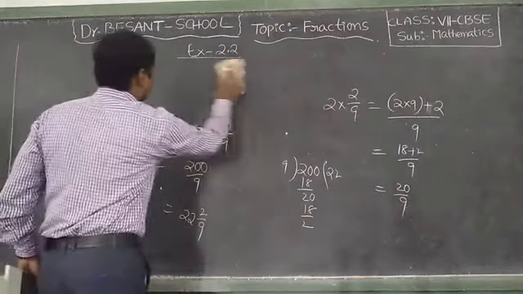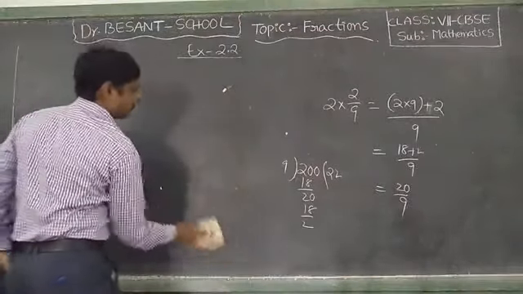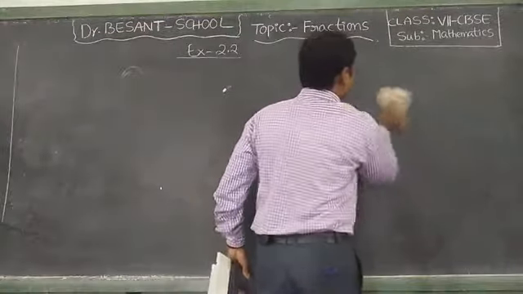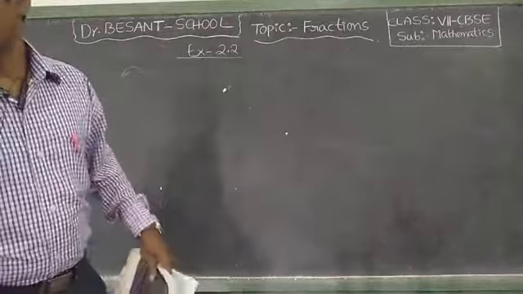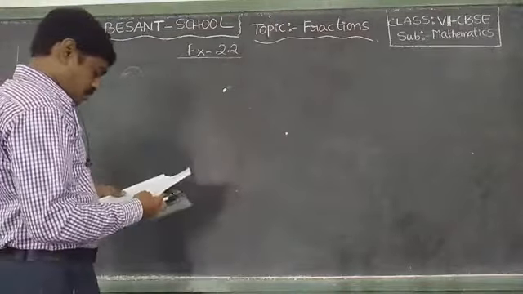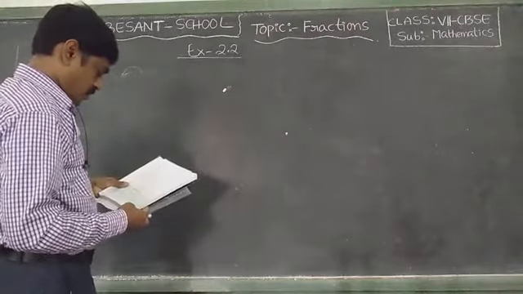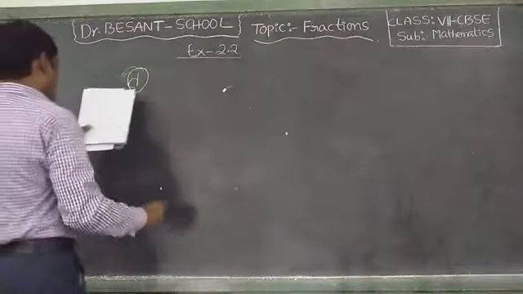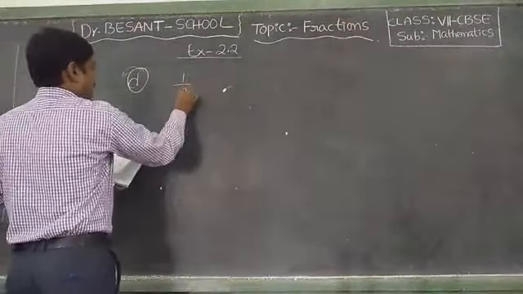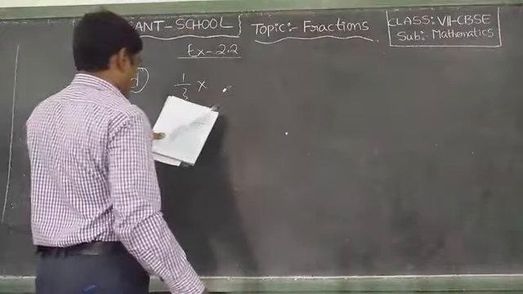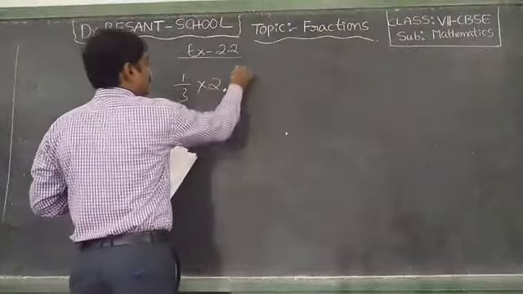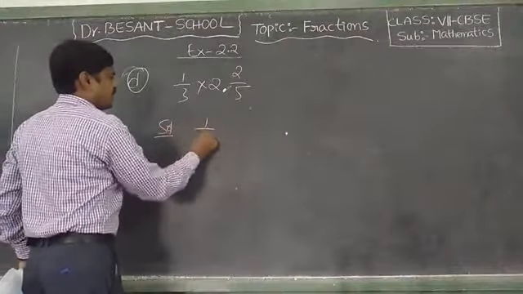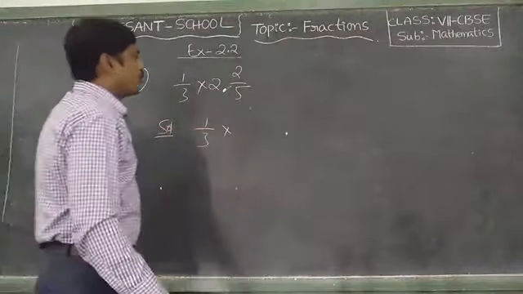Next, D, 1 by 3 into 2 and 2 by 5. So solution, 1 by 3 into 2 and 2 by 5.